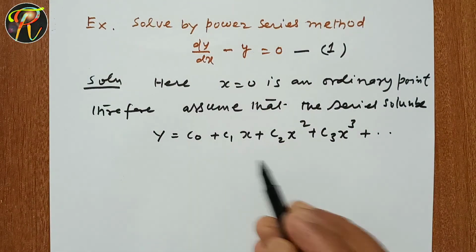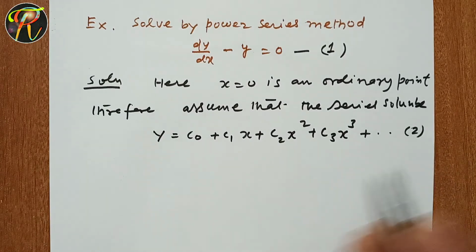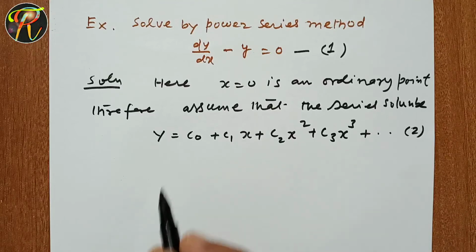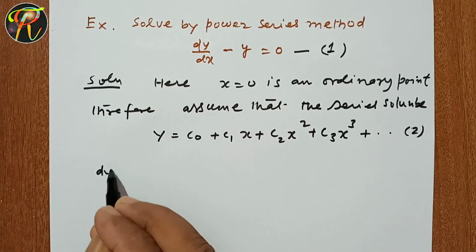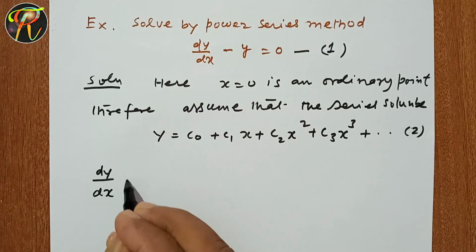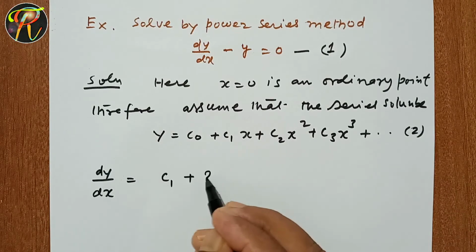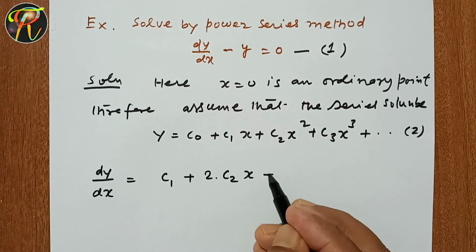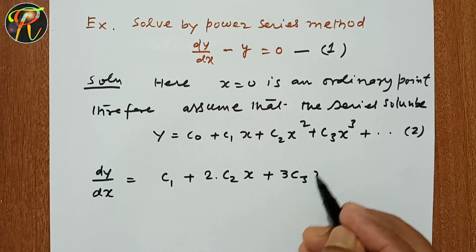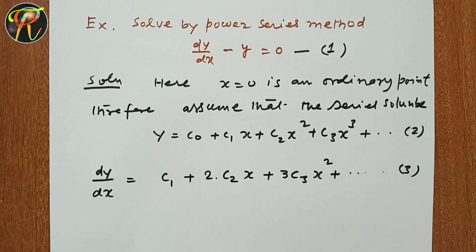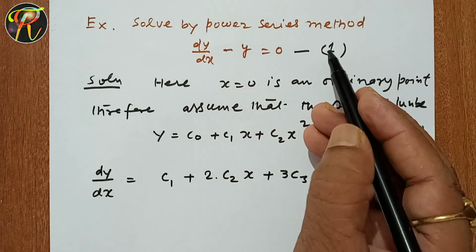Now differentiating this value of y with respect to x, dy by dx equal to 0 plus c1 plus 2c2x plus 3c3x square plus up to so on. Now substituting the value of y and dy by dx in the given equation.